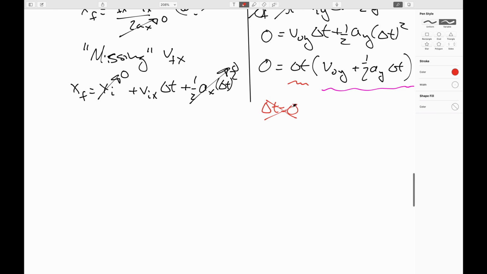So we have to solve the other one for the time of flight. So we can do that. Well, let's see, V initial Y plus 1/2 A Y delta T equals 0. So 1/2 A Y delta T equals minus V initial Y. Sorry, not V naught, V initial. My bad.